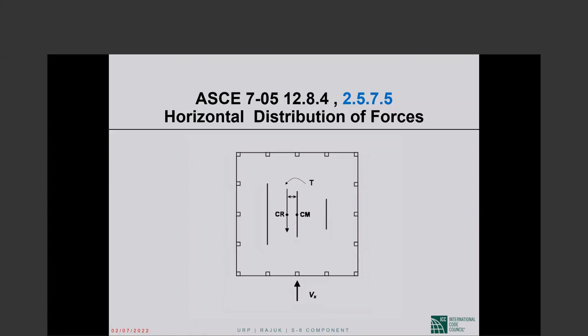Now, there is the complication of torsion. The story shear that we have been talking about acts through the center of mass. In this picture, although the 3 shear walls are of unequal length, I have indicated that the center of mass is pretty much located at the centroid, because the masses of a building are mostly at the floor levels and the roof level.